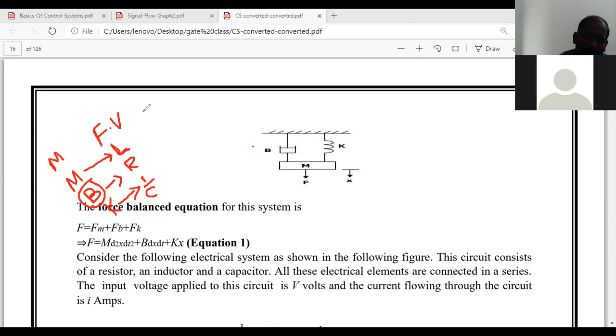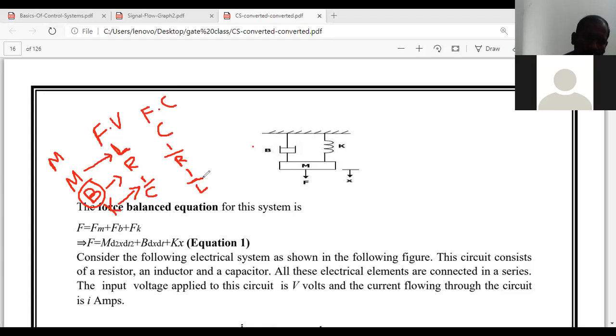If it is force current analogy, the mass element becomes a capacitor C, and here it becomes 1 by R, and here 1 by L. Is it clear?